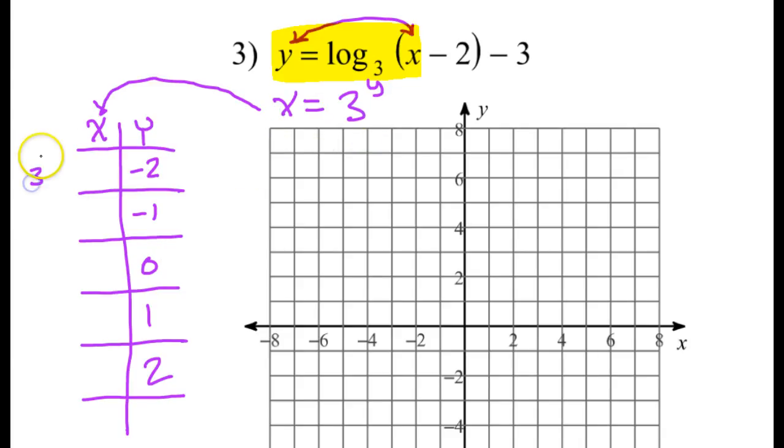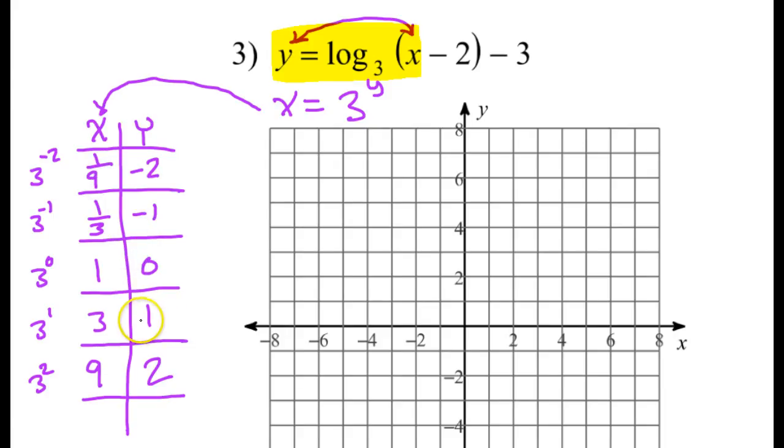So that means 3 to the -2 power, 3 to the -1 power, 3 to the 0 power, 3 to the 1 power, and 3 to the 2nd power. Start from the bottom and work your way up. 3 squared is 9, 3 to the 1 power is 3, anything to the 0 power is 1. And then the top 2 are just the reciprocals of the bottom 2. So this will be 1/3, and this will be 1/9.